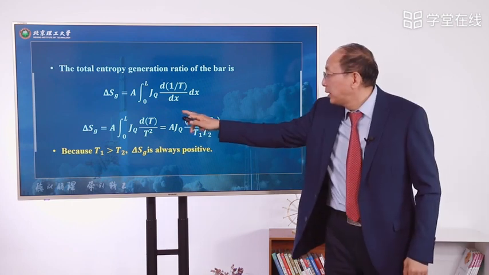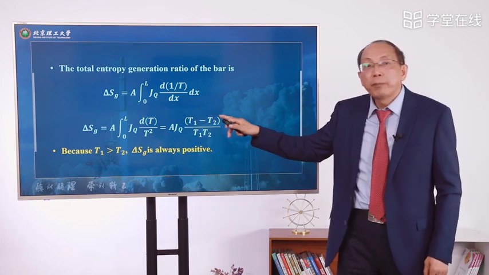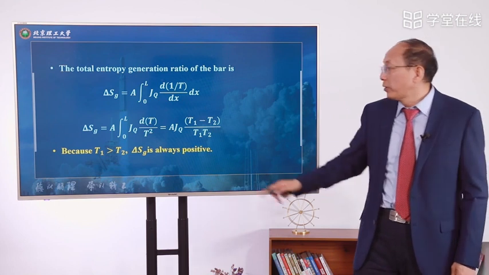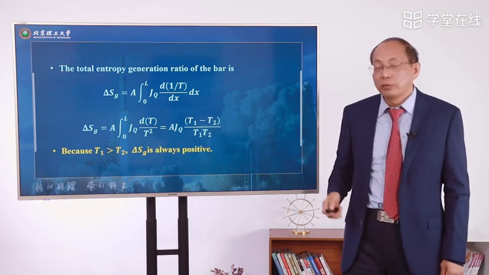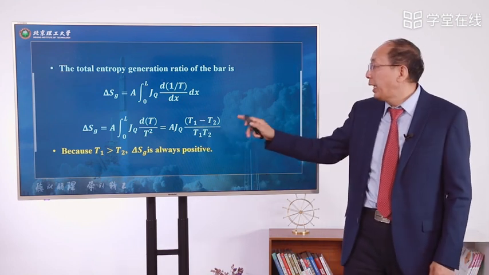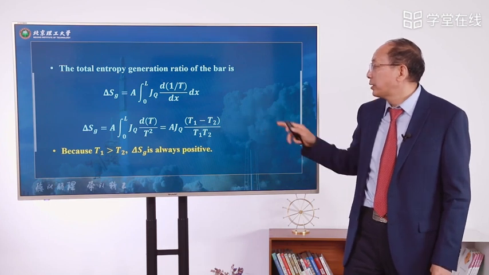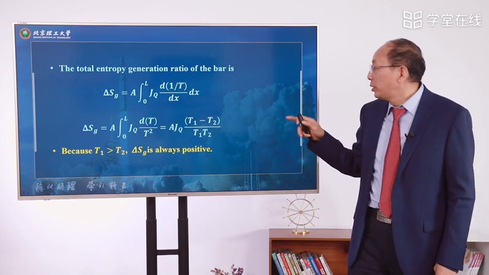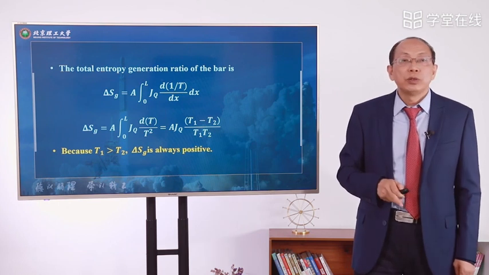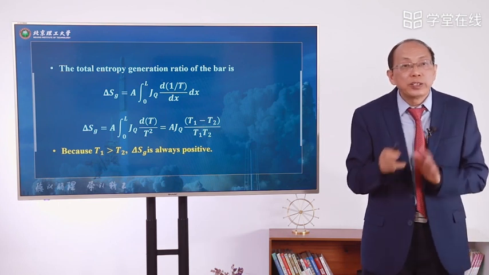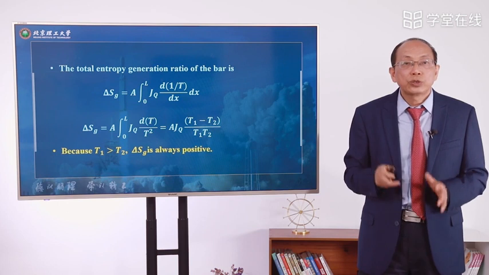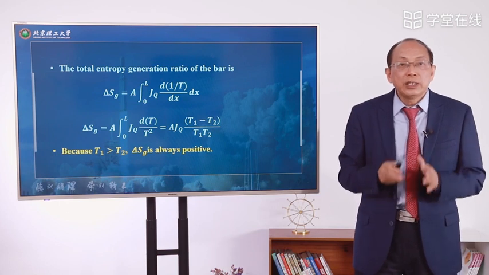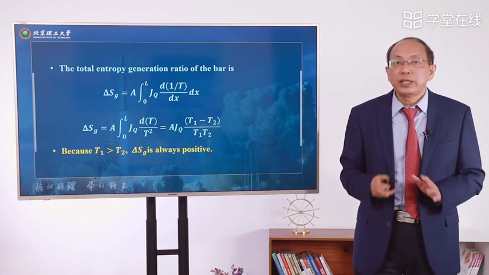Here is dT over T squared. Finally, we obtain A Jq (T1 minus T2) over (T1 times T2), very easy to obtain. Because T1 is always larger than T2, ΔSg is always positive.